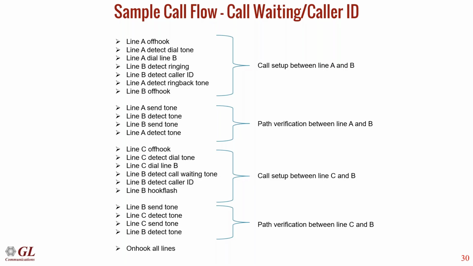So in that scenario, let's say you had a three-way call, for instance. Now, how do we confirm the three-way call? How do we confirm the audio? We could send DTMF from one of the lines, and the other two lines can detect it and confirm that the DTMF was received.